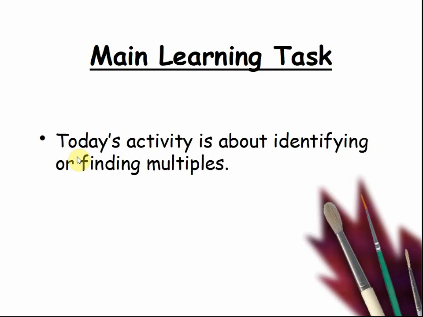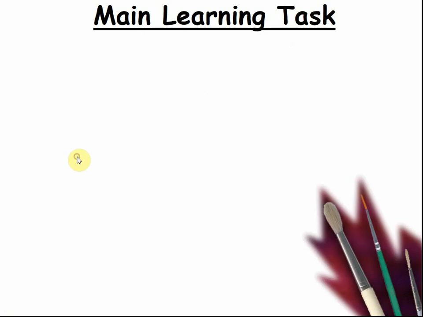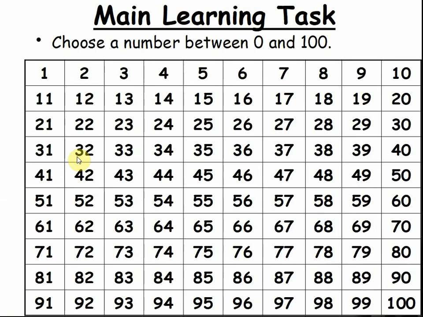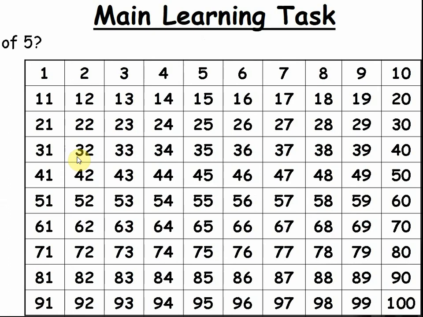Today's activity is about identifying or finding multiples. Choose a number between 0 and 100. There you go, here's the chart. Have you chosen a number? Good. Is it a multiple of 5?